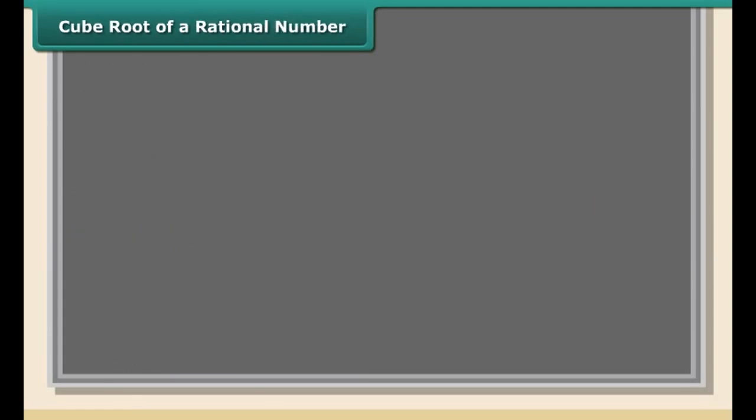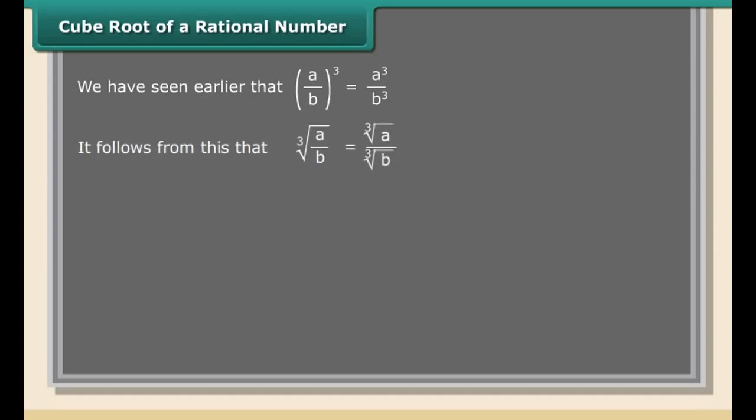Cube root of a rational number. We have seen earlier that (A upon B) whole cube is equal to A cube upon B cube. It follows from this that cube root of A upon B is equal to cube root of A upon cube root of B. Example, find the cube root of 729 upon 1331. Solution.